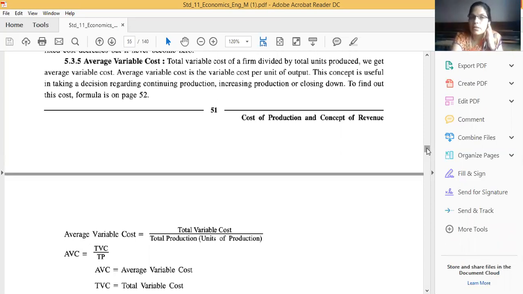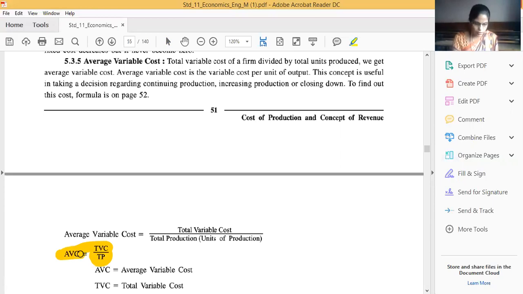If we want to get any average, we have a very simple formula for this: we have to divide the total value by the number of units.